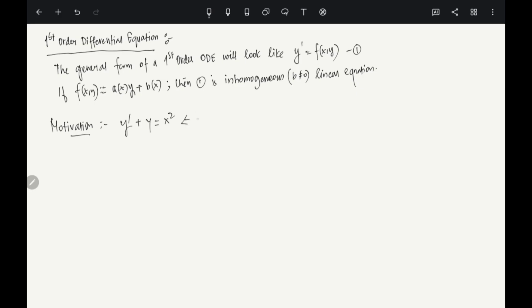This is a linear equation, and it is relatively easy to solve, no problem. You just find the integrating factor, it's done.